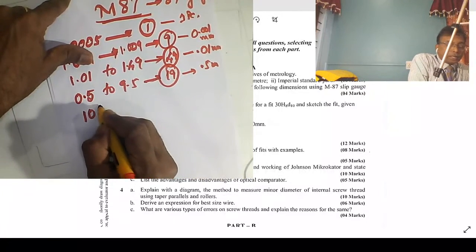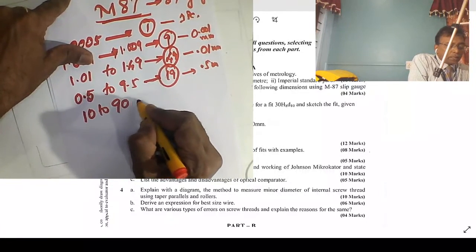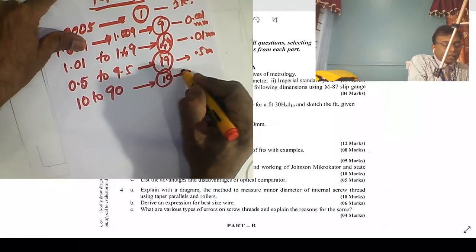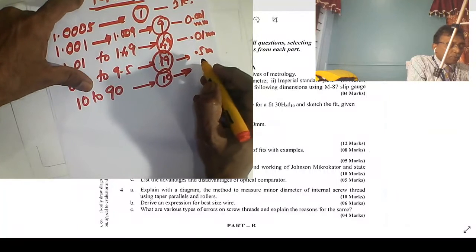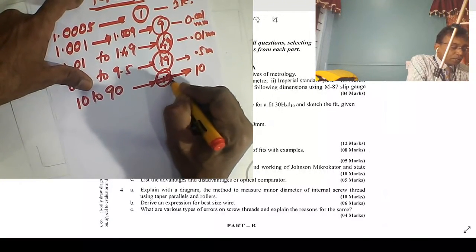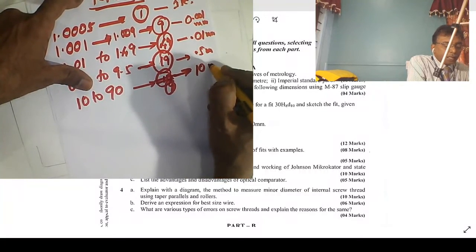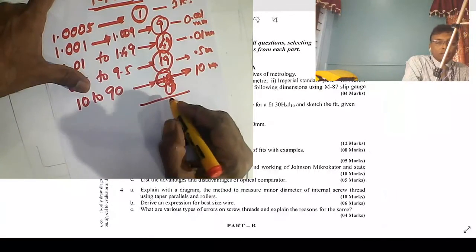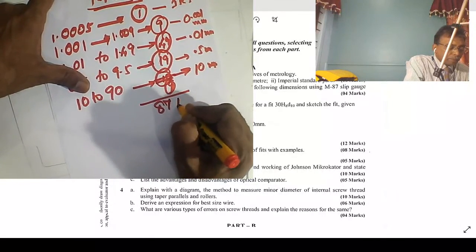Next, 10 to 90 mm. These are 9 pieces in the steps of 10 mm each. Then totally you have 87 pieces.